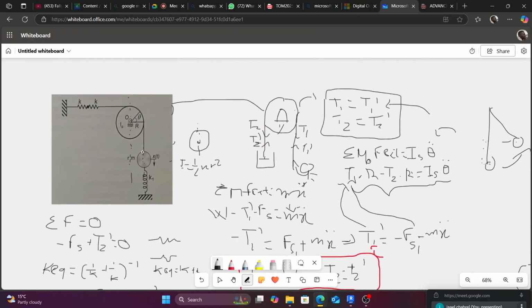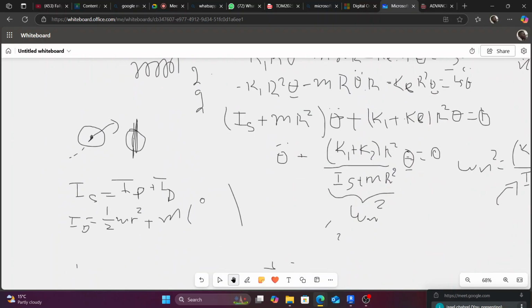The distance from the center of gravity of the disk to the center of gravity of the pivot. What is this distance? It is R. It is the same R that you see here. It's the same distance.